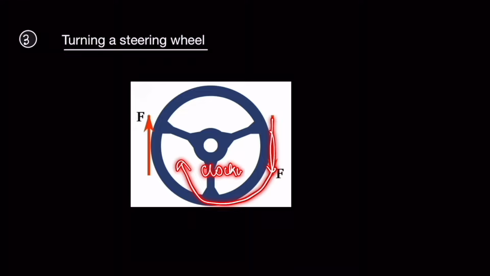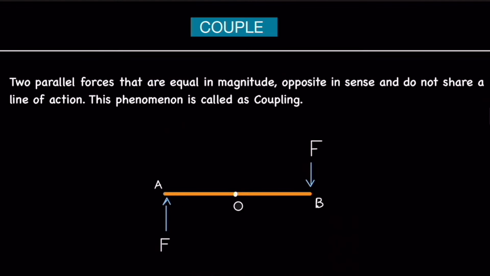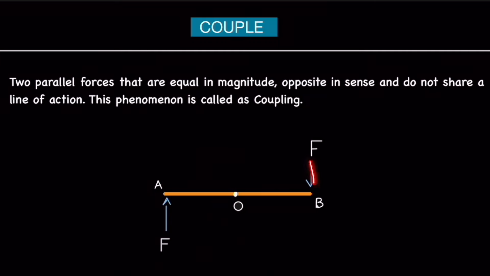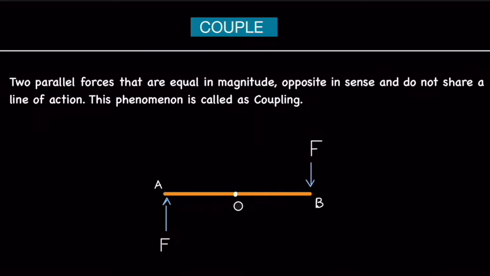So both are using the same sense of rotation. Here in this example, this force is rotating in this direction, so it is clockwise. In the same way, this force is also rotating clockwise. So when we are applying the couple concept, we always rotate in the same direction. I hope this part is fine.